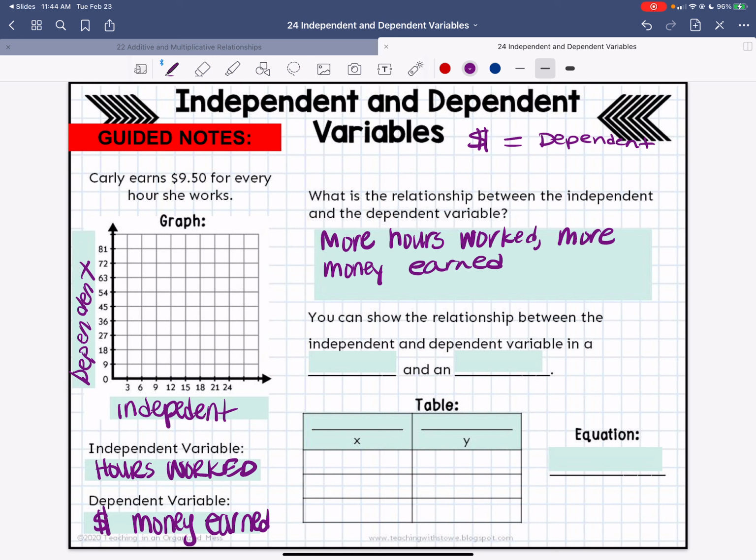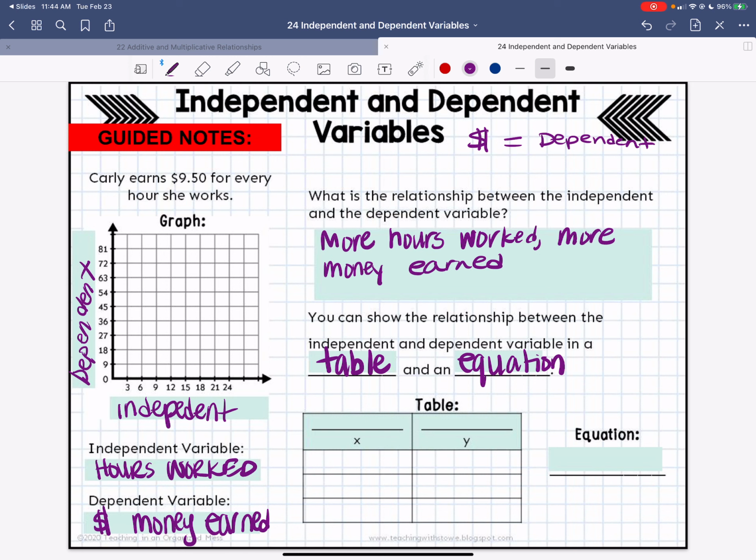You can show this relationship between the independent variable and the dependent variable on a graph, so we can do it on a table and an equation.